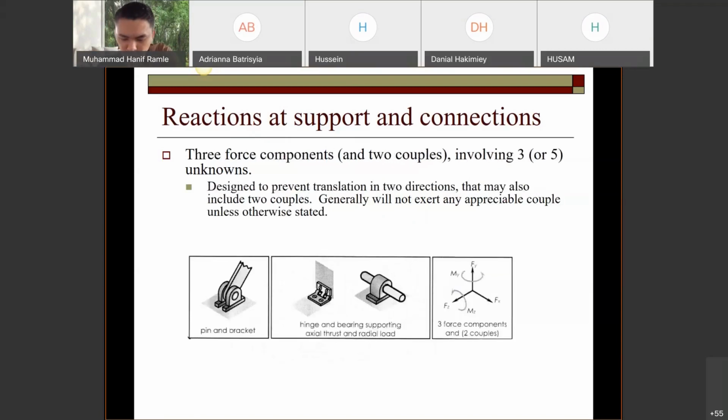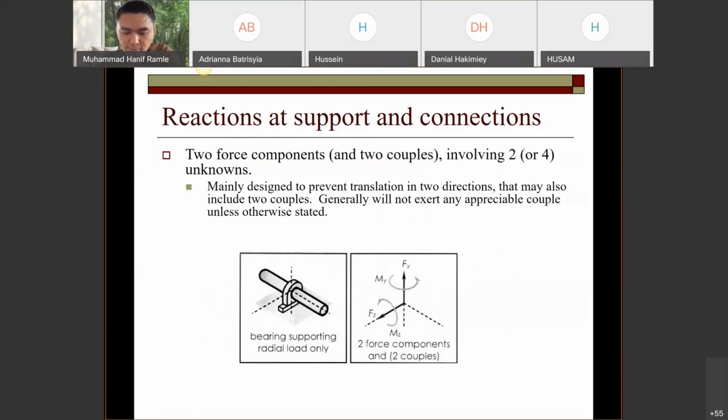If the system has this kind of bearing support, there are 4 unknowns. This rod can be rotating this way, but cannot this way.